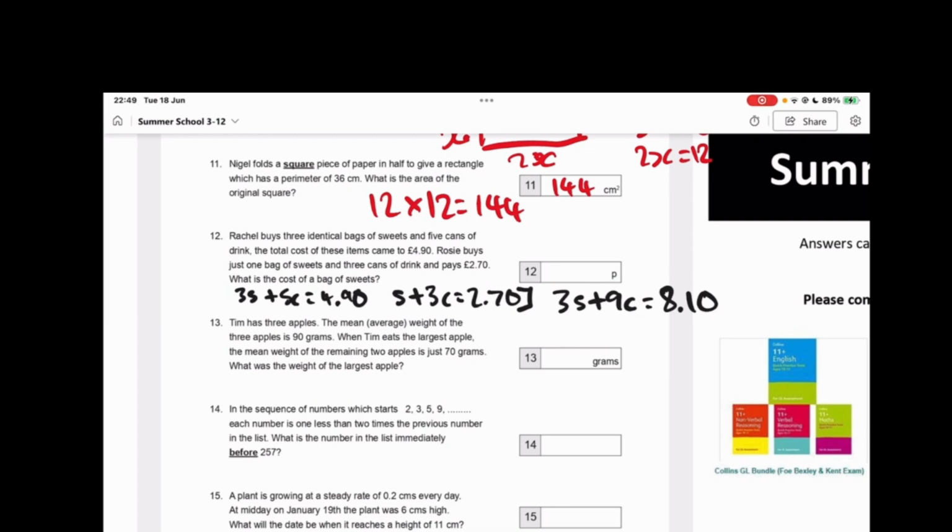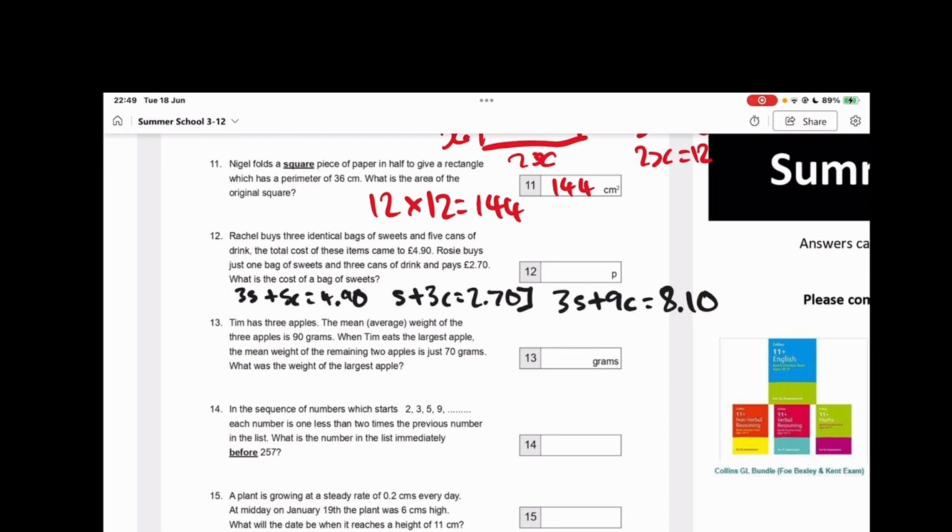So if we know that, what we can do is take out values. We know that 9 cans plus the 3 sweets is £8.10. We know that 5 cans plus the 3 sweets is £4.90.